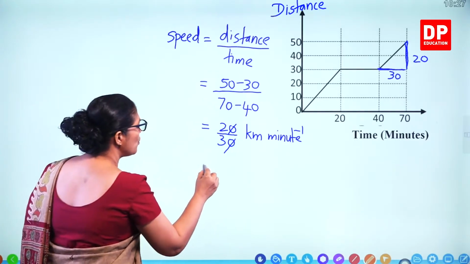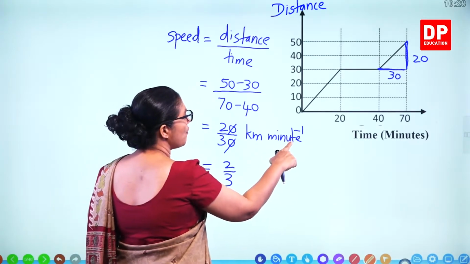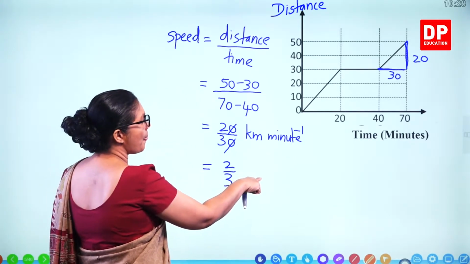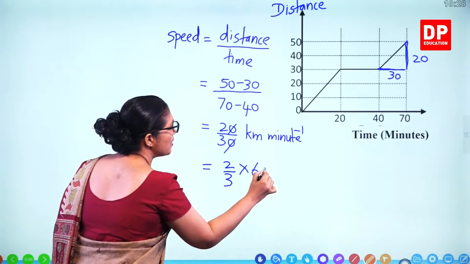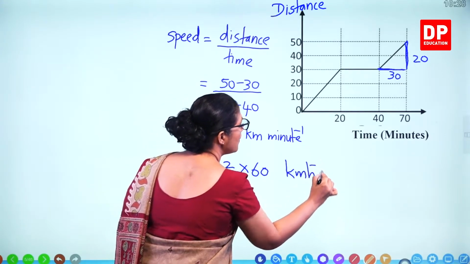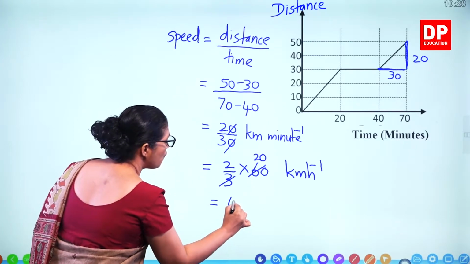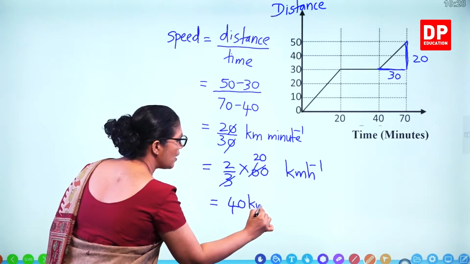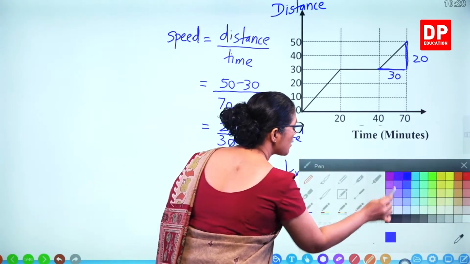What you have to do? 2/3 there. You have to divide by 1 over 60, which means multiply by 60. Multiply by 60, then it becomes kilometers per hour. So, 3 times 20, 20 times 2, 40 kilometers per hour. So you get 2 marks for that.